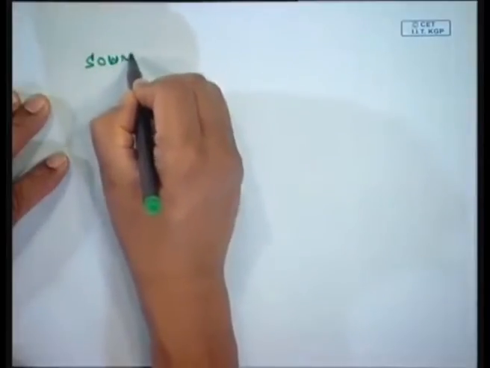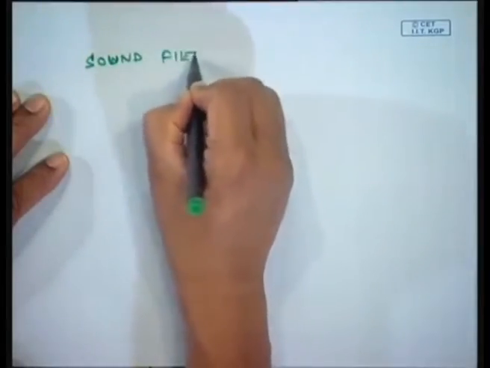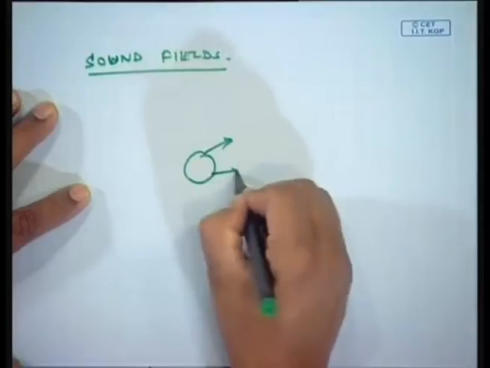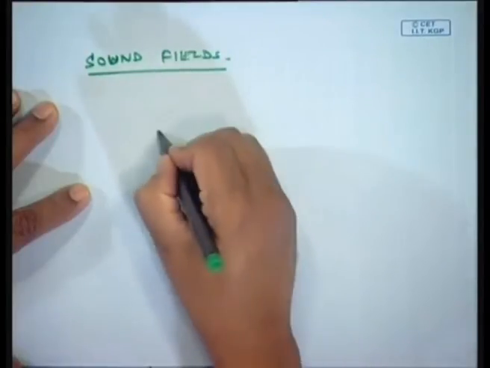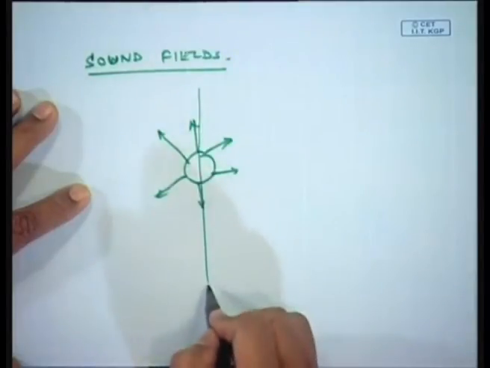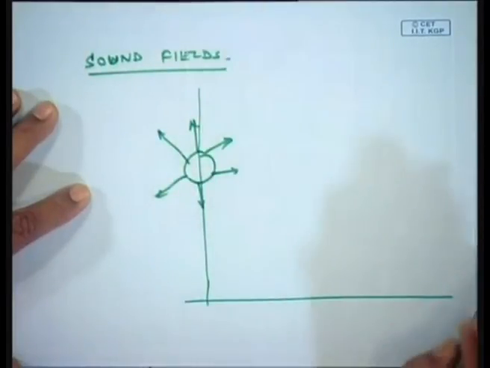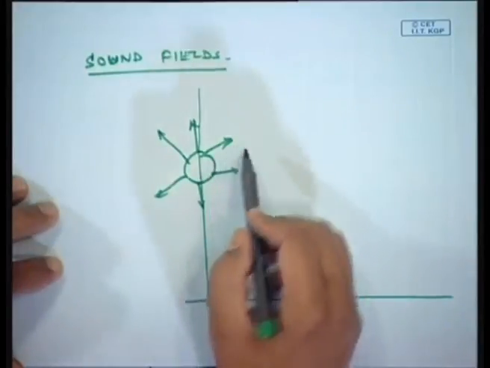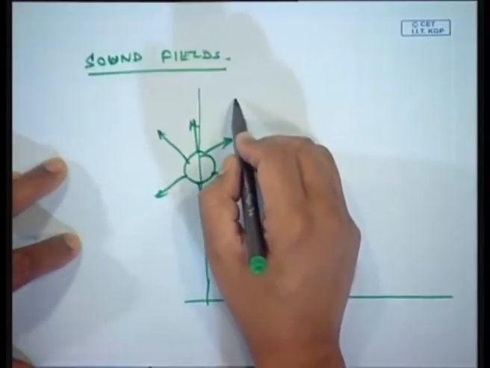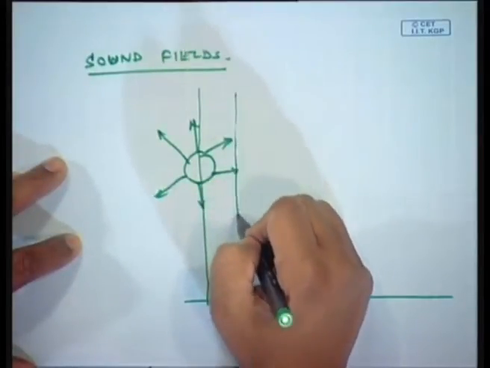Now, let us talk about the noise fields or sound fields. I had talked about a machine which is radiating in all directions. So, I draw: with distance very near the machine, the 1/r law may not be followed.